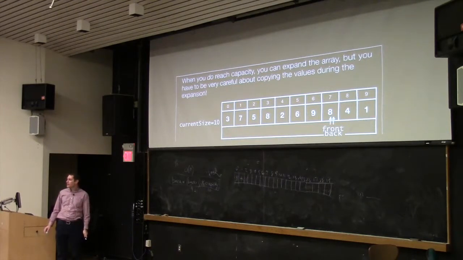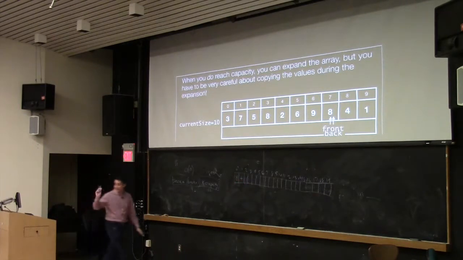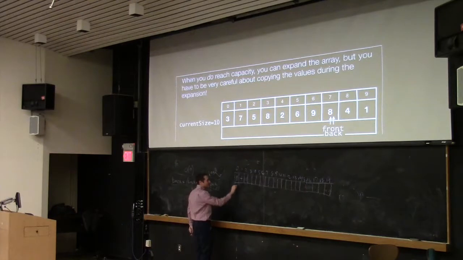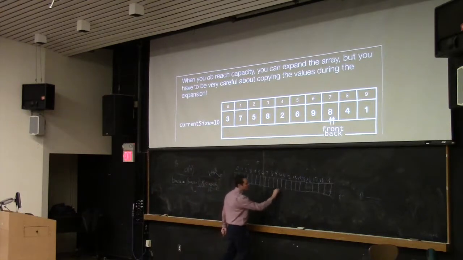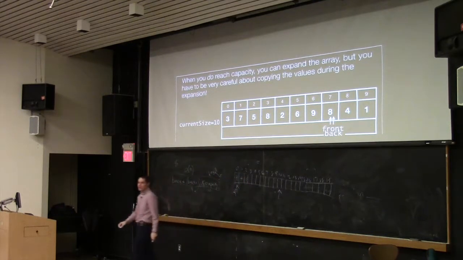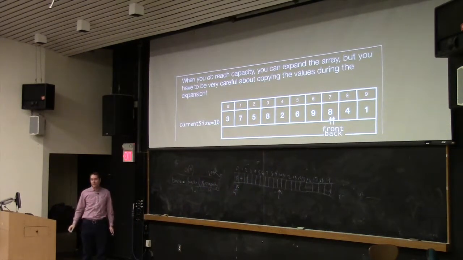The real idea is to end up with your 8 here so that our front ends up here, and our back ends up where? At the 1 plus the capacity back there, the end of the amount before, the next available spot.